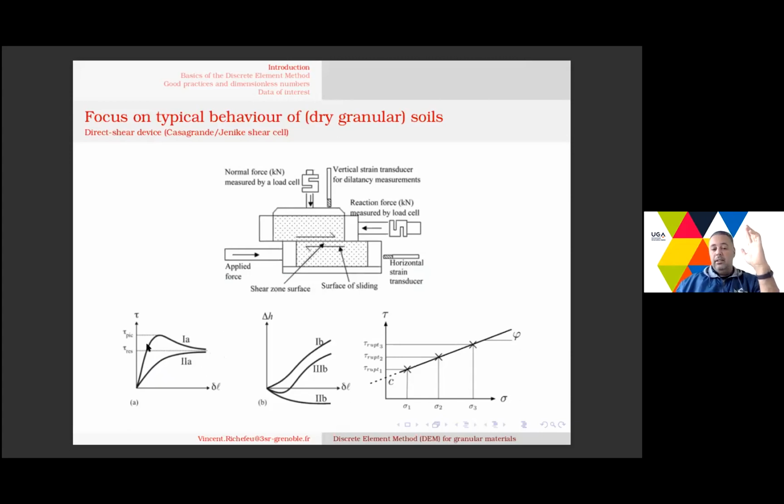With granular materials, most of the time, this part is not elastic. If you unload, it will go nearly vertically, okay? And elasticity corresponds to a very small part of the curve. So actually, depending on what we are doing, we don't mind about elasticity.